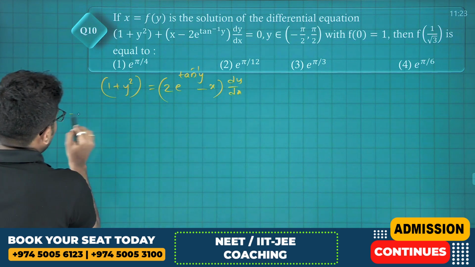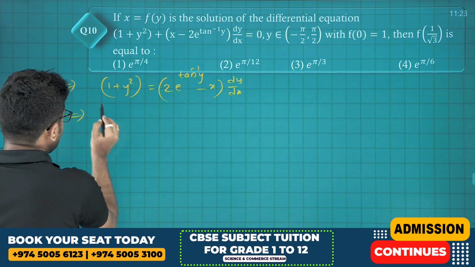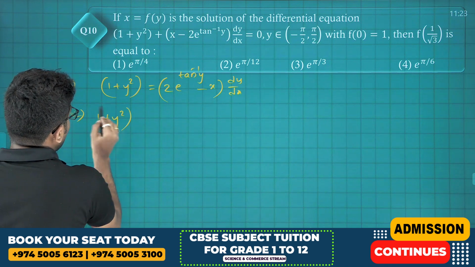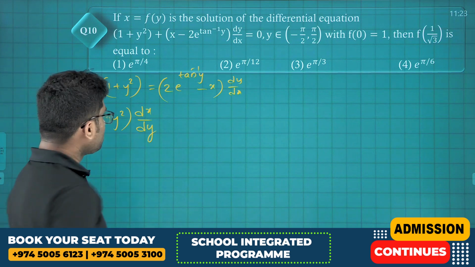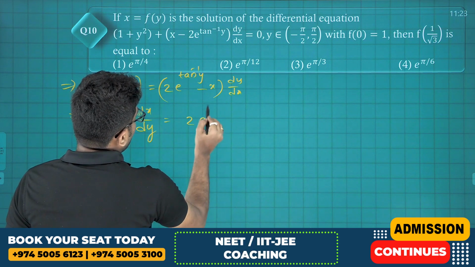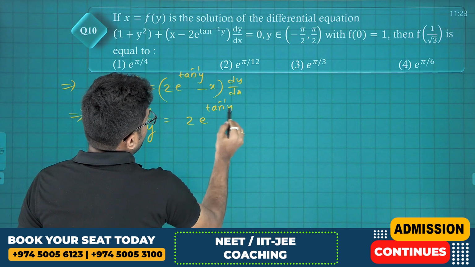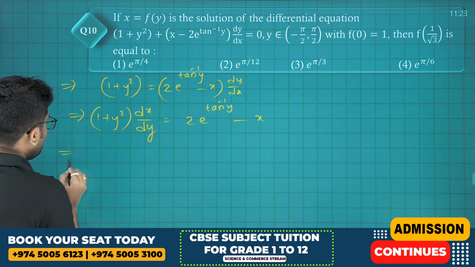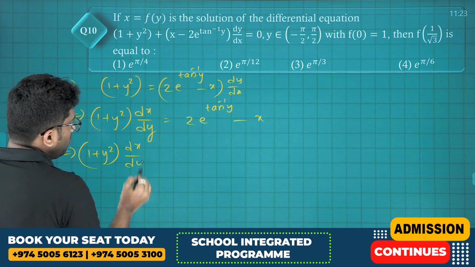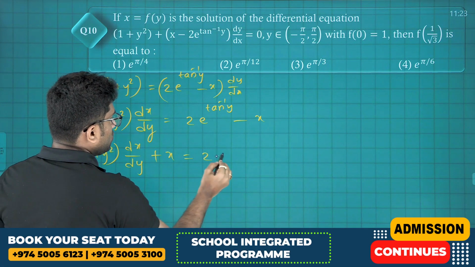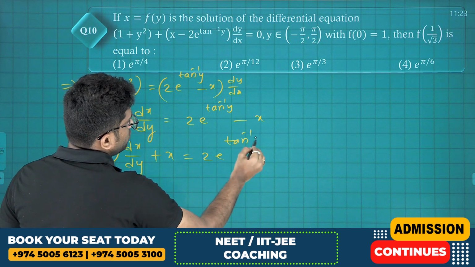Get dx by dy this side, I mean dy by dx this side. So (1 + y²) dx by dy is equal to 2 e power tan inverse y minus x. (1 + y²) dx by dy plus x is equal to 2 times e power tan inverse y.